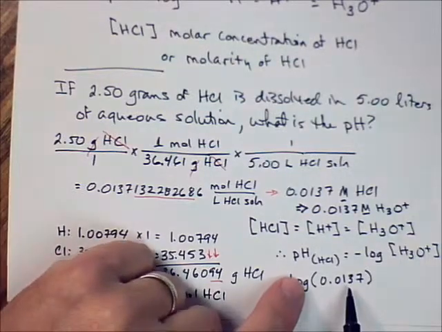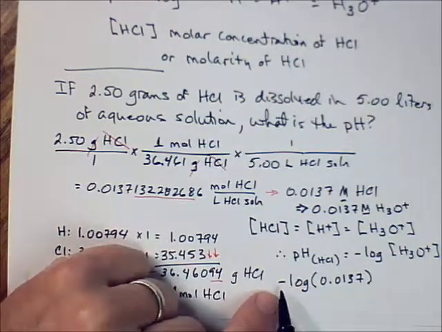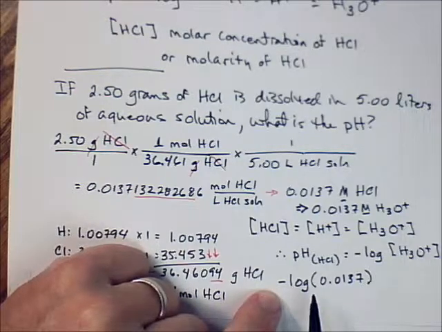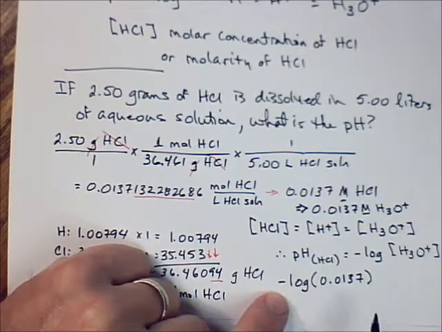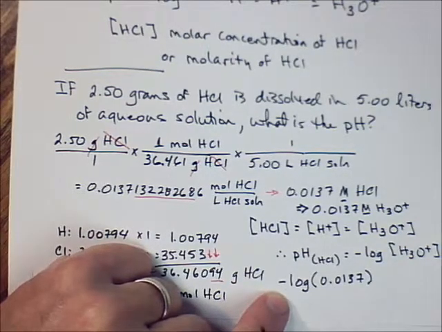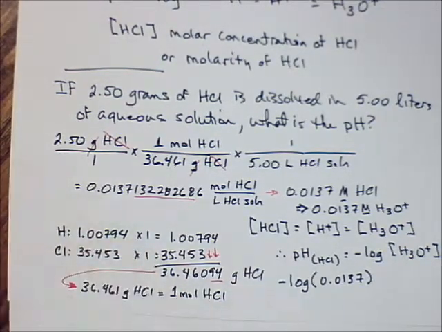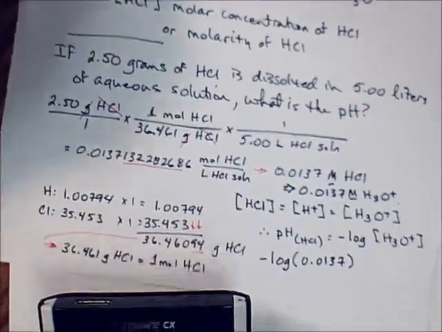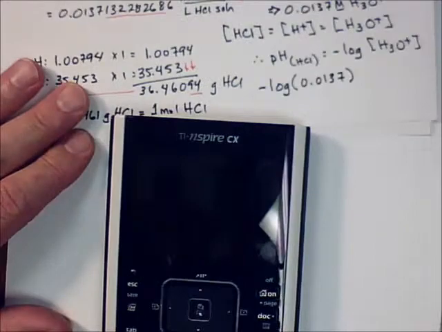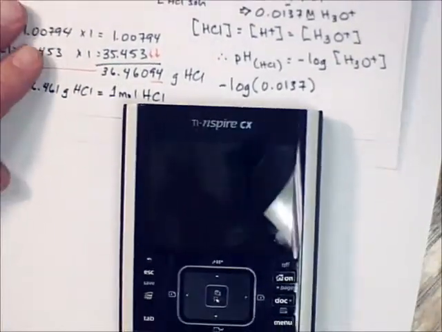Some calculators require you to put in this number, then log, then change the sign. You have to figure out how to make your calculator talk the language you want it to talk. Really what you're doing is learning to speak your calculator's language. The more expensive the calculator, the easier it is to calculate pH.